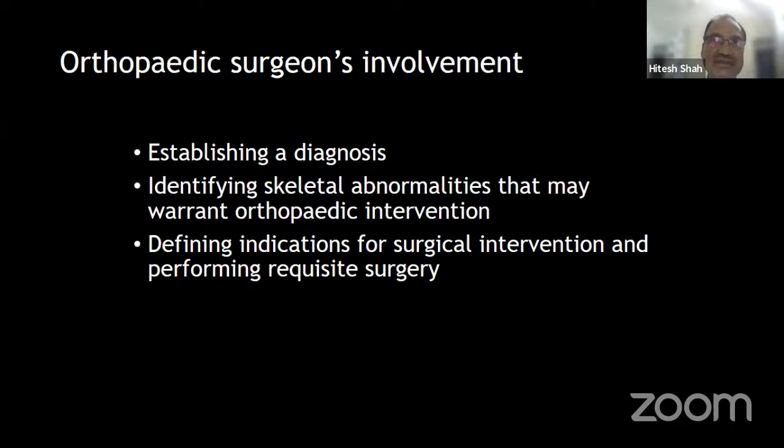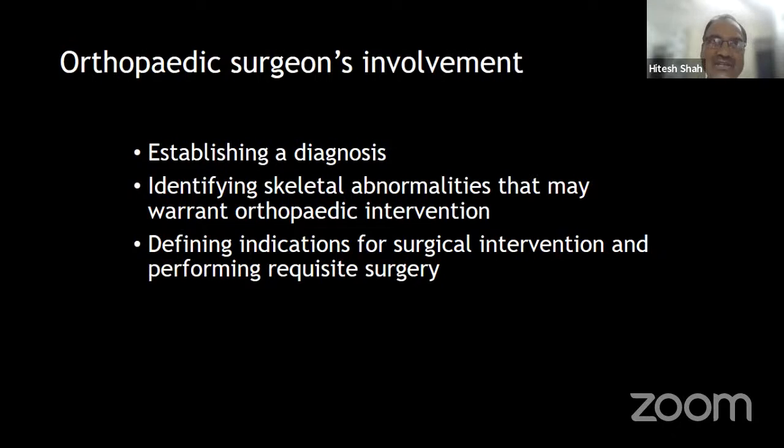So why are we discussing this? What is the reason that the orthopedic surgeon, orthopedic resident, consultant, and everybody should know about the diagnosis? Because once we make the diagnosis, we can predict the prognosis, and we can think about what is going to happen with the child with skeletal dysplasia.